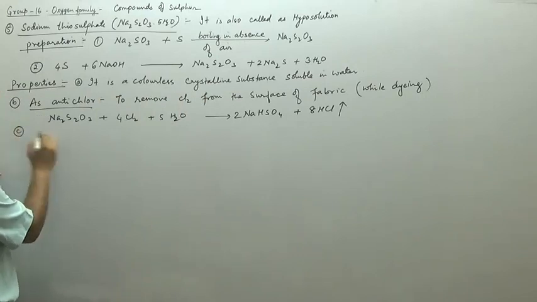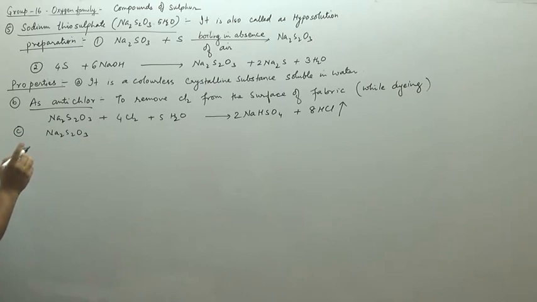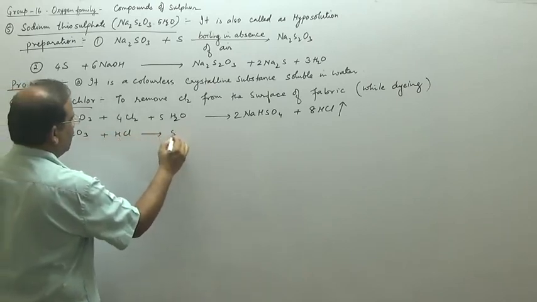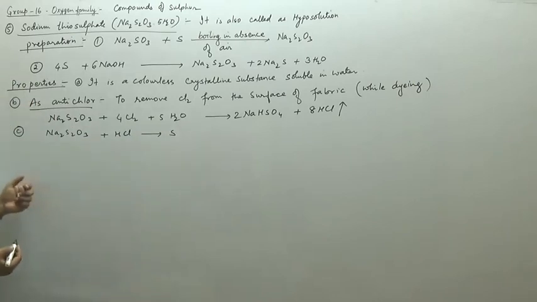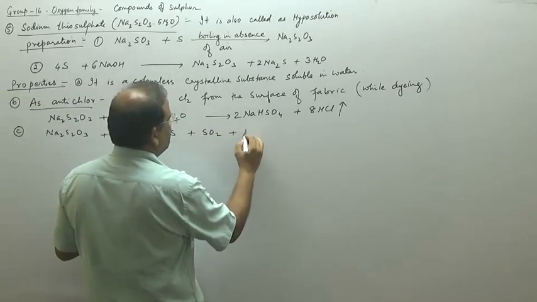Another property we can write is that when Na2S2O3, sodium thiosulfate, reacts directly with HCl, it gets converted into sulfur, SO2, NaCl and H2O.